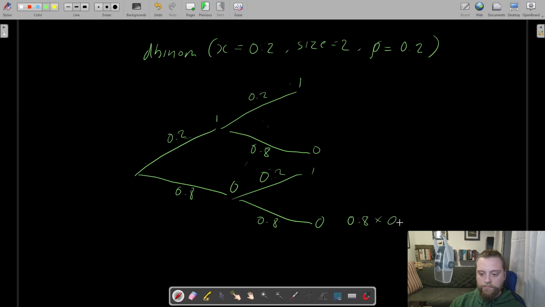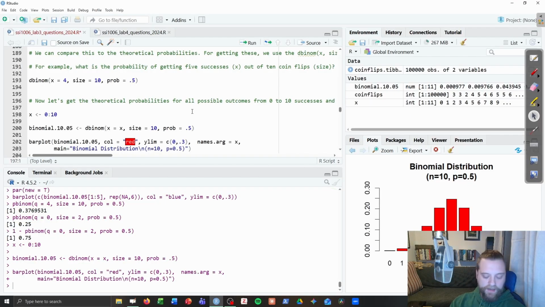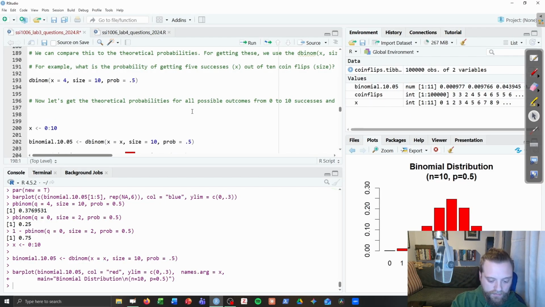So it's 0.8 times 0.8, 0.8 times 0.2, 0.2 times 0.8, and 0.2 times 0.2. So let's go do those in R. You might be able to do these in your head, but all we need to do is we've got 0.2 times 0.2. We've got two instances, of course, of 0.2 times 0.8, just in a different order.